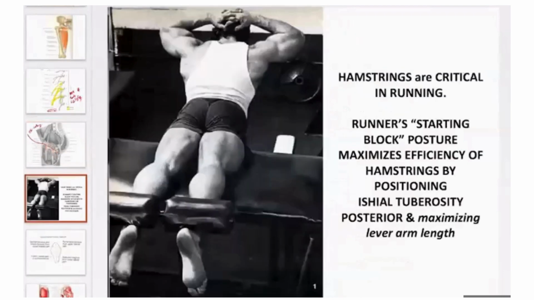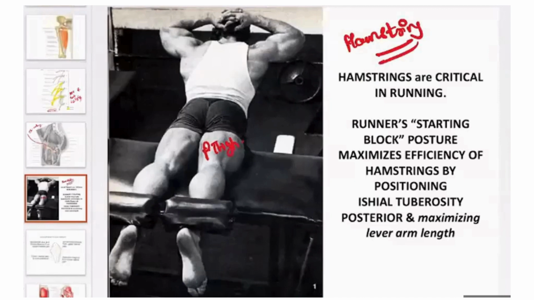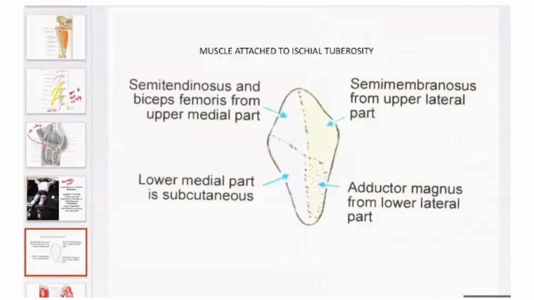Next compartment is, what is this compartment? Posterior compartment of thigh, otherwise called hamstring compartment. What are all hamstring? We'll go to the posterior compartment muscles first. Then I will tell you what are all the criteria for a muscle to be hamstring.